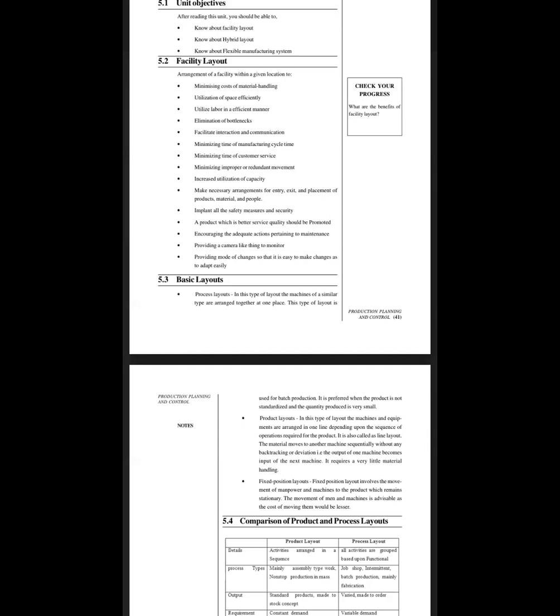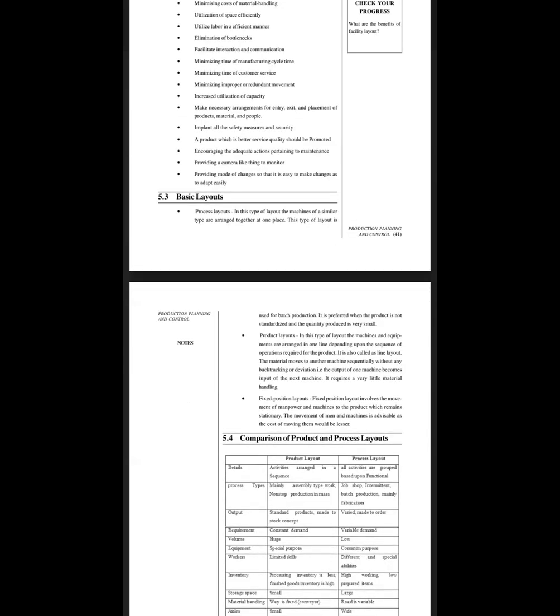The second one is utilization of space efficiently. You should make sure that you are able to use your space effectively. Then utilize labor in an efficient manner. Elimination of bottlenecks.